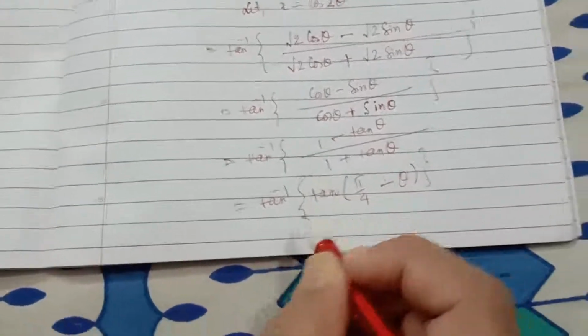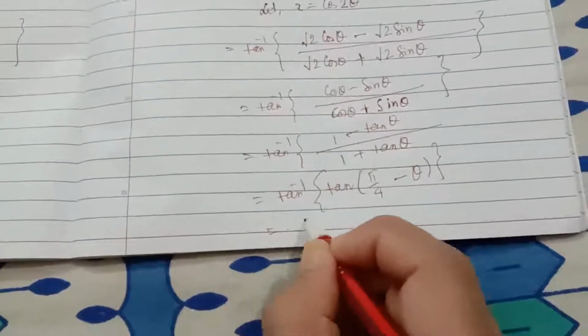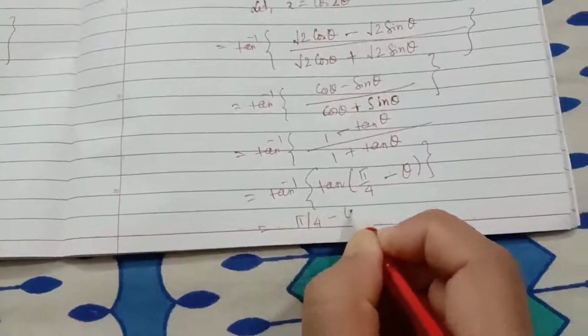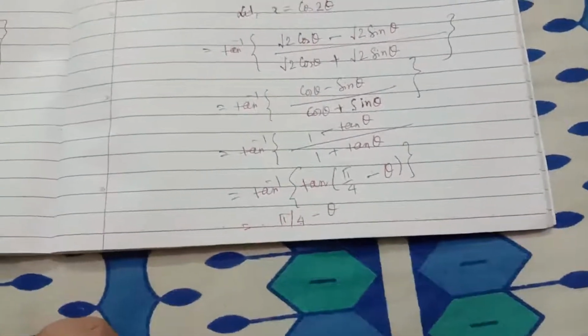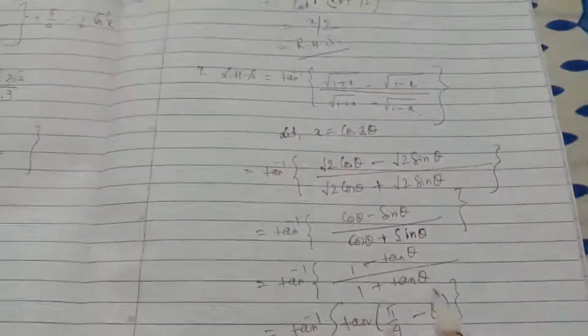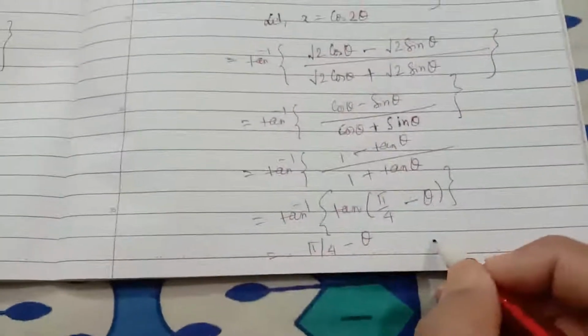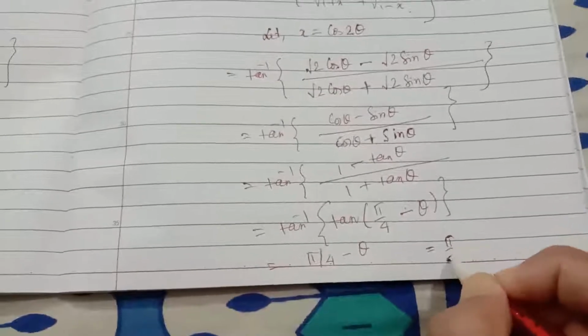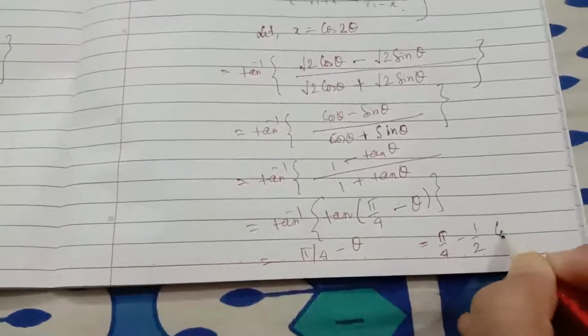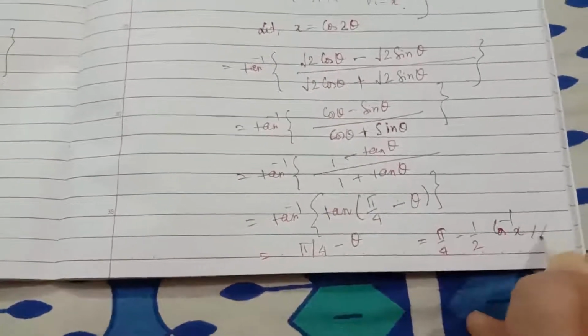Tan inverse of tan of pi by 4 minus theta is equal to pi by 4 minus theta, and theta equal to half cos inverse of x, so pi by 4 minus half cos inverse of x.